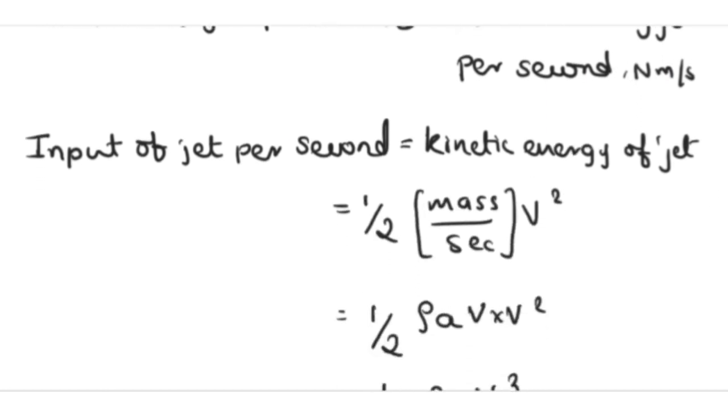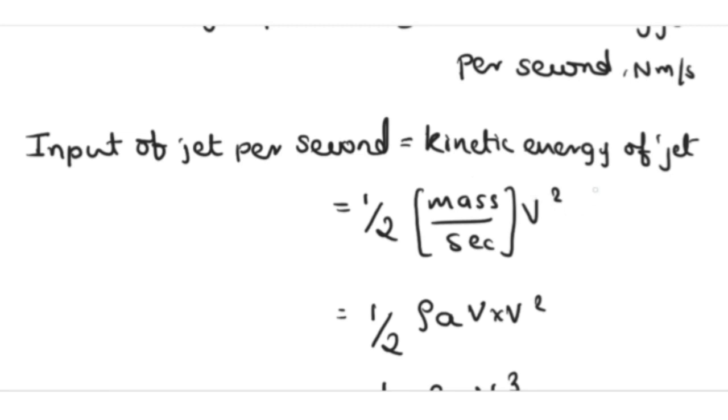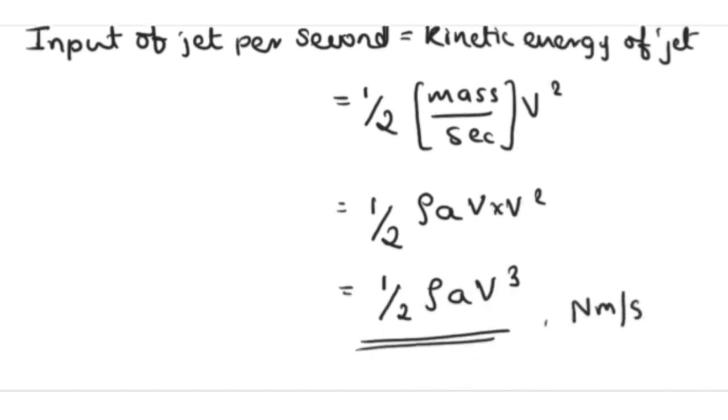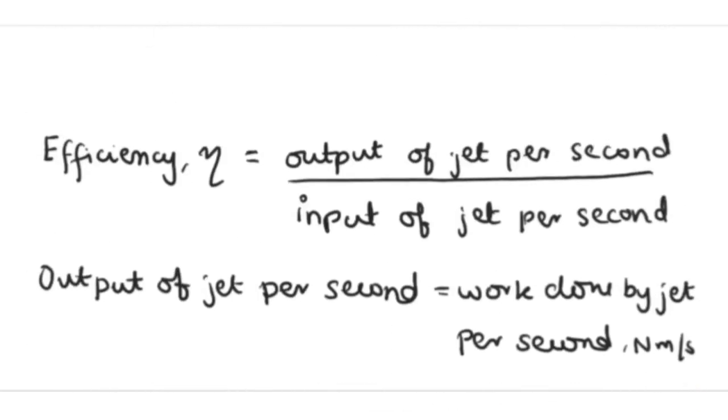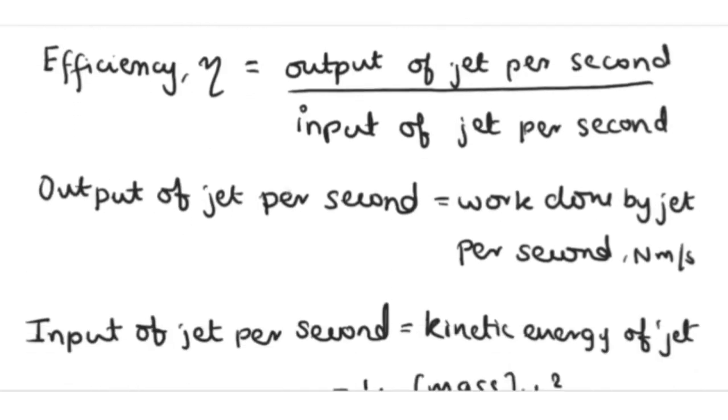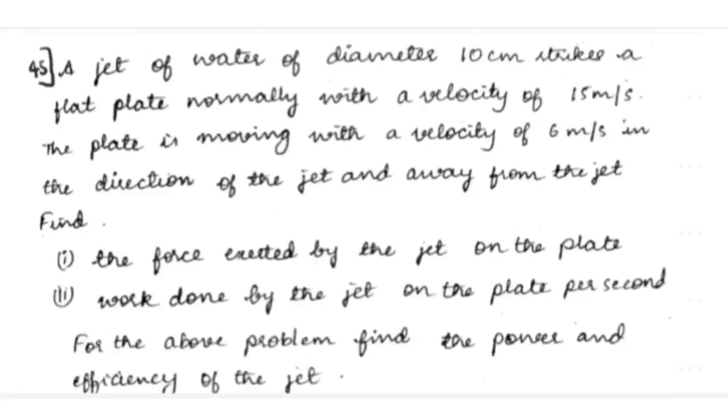Input of jet per second is equal to the kinetic energy of jet, that is half mv square, that is half into mass per second into v square. Mass per second can be substituted by rho into a into v, so into v square, that is half into rho into a v cube. The unit will be Newton meter per second. We can express efficiency in terms of percentage.